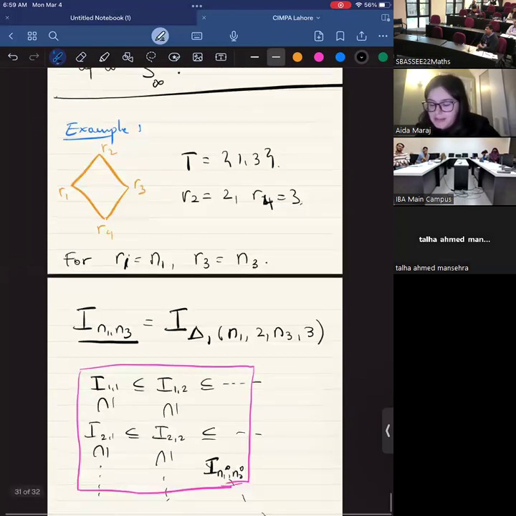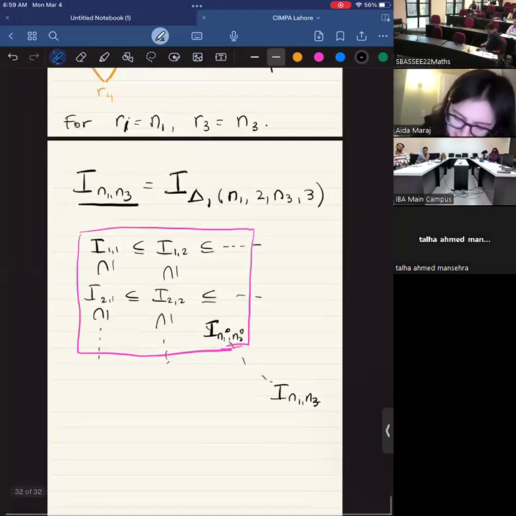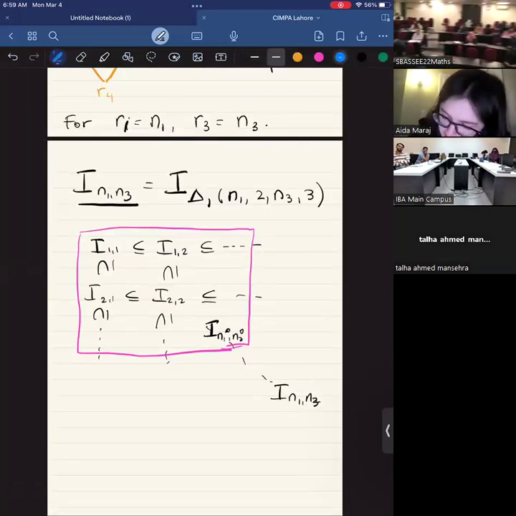Stabilizes, yeah. I kind of omitted the definition.